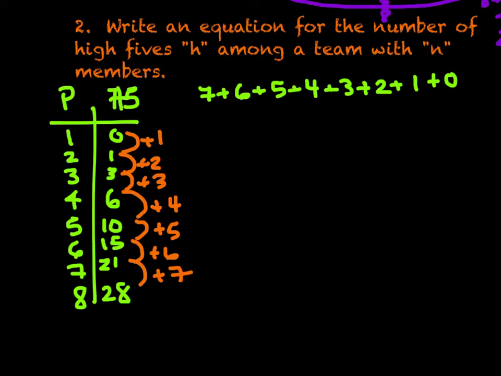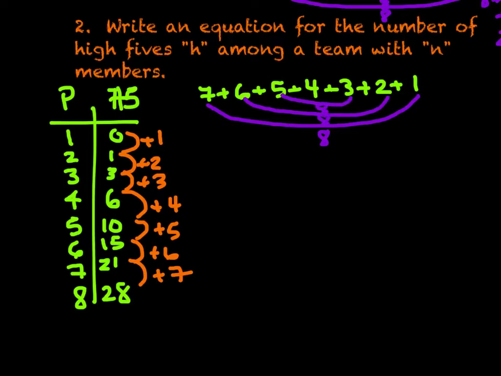If I were to ignore this plus 0, because it really doesn't matter, I have 8 that I can add up, I have another 8 that I can add up, and another 8 that I can add up, and then I have 4 left over. So I'm adding the numbers to make 8s occur, and that 8, if I remember right, is the number of players that I had.